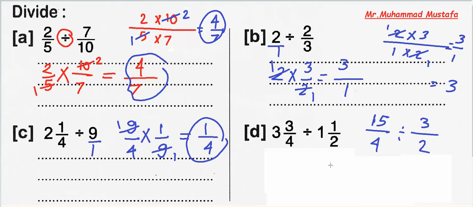We can write it as 15 over 4 divided by 3 over 2.